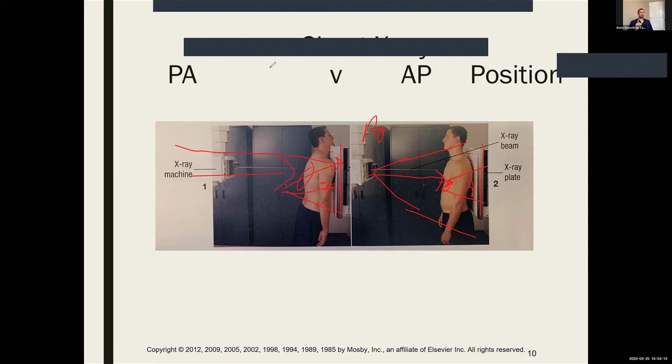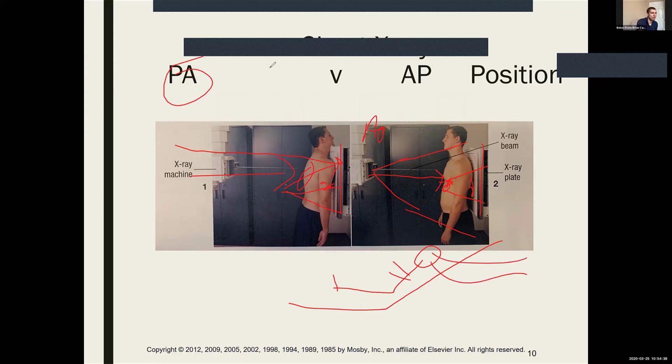For that reason, we almost always prefer the PA orientation when we're looking at X-rays or when the X-ray tech is trying to take those X-rays. That's what we want to see. However, when we're in the intensive care and our patient is lying in their bed and they've got a ventilator hooked up to them because they've got the coronavirus.